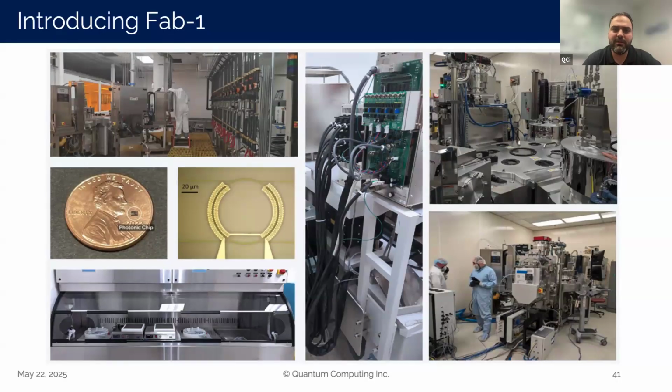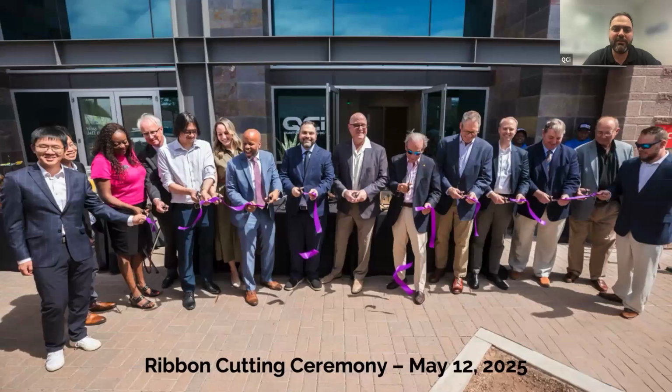These equipment were obtained by leveraging that knowledge and were custom made. The facility was built in Tempe, Arizona. And on May 12, we had our grand opening or ribbon cutting ceremony, as you can see in the image here, showing the team celebrating this occasion.